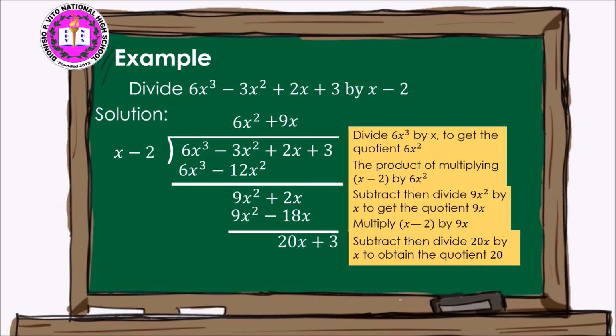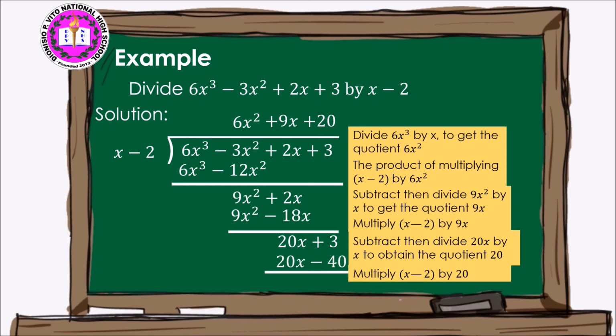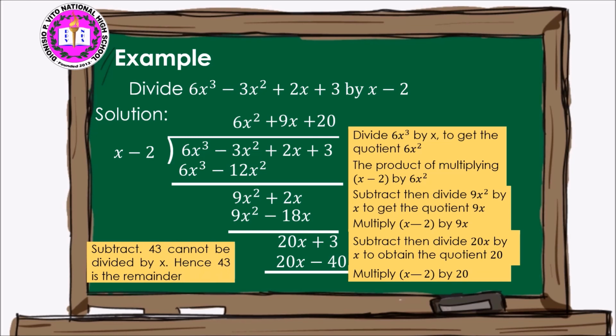Then divide 20x by x to obtain the quotient positive 20. Then multiply x minus 2 by 20. So we have 20x minus 40. Then we're going to subtract. So 43 cannot be divided by x.